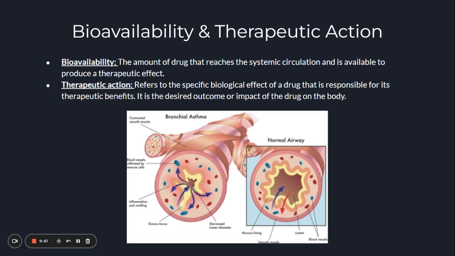It's the main reason why the drug is actually administered. Each drug has a specific mechanism of action, which is the series of chemical reactions that take place in the body when the drug is administered and produces its therapeutic effects. Understanding the therapeutic action of a drug is crucial for paramedics because it helps them to choose the appropriate drug and dose for a patient's condition, as well as monitor for the potential side effects.